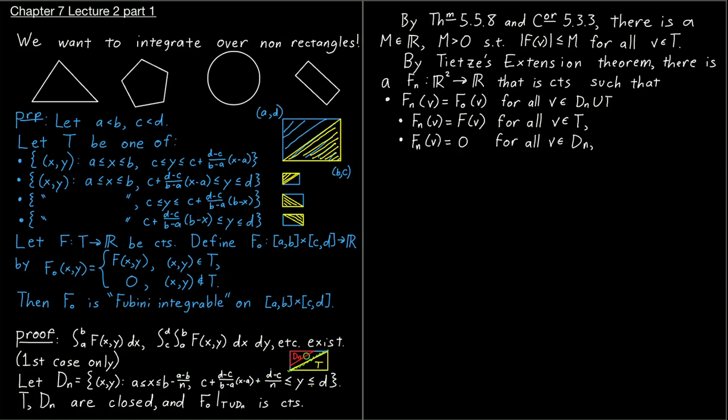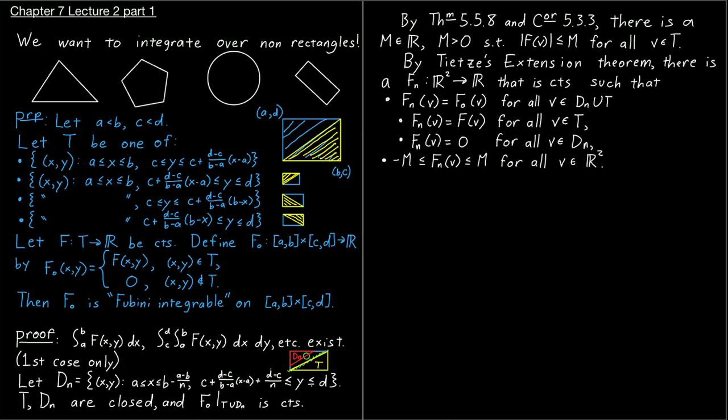And then the other thing Tietze's extension theorem gives you is that Fn is bounded. It's bounded between negative M and M for all v in R2.